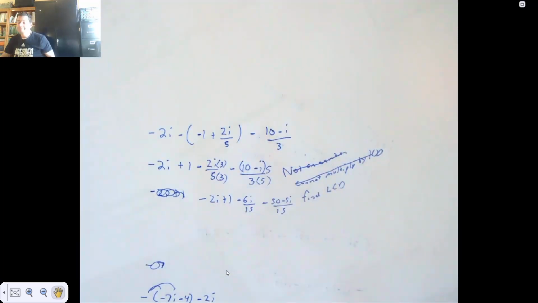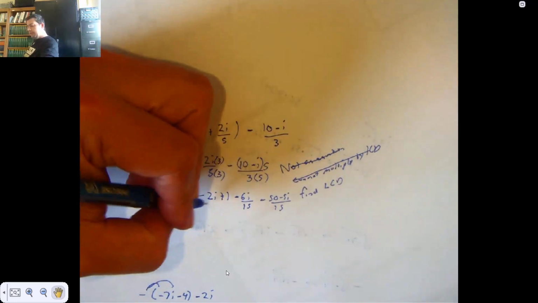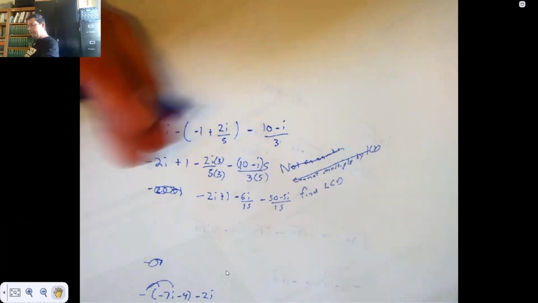All right. What did that do for me? Well, the problem is I still have a mixture of fractions and not fractions. So I'm going to have to do the same thing to them to get it all together. I will 15 the bottom, which means I have to 15 the top.